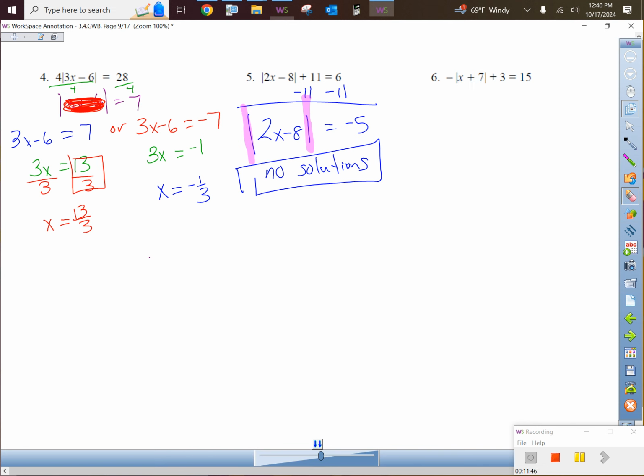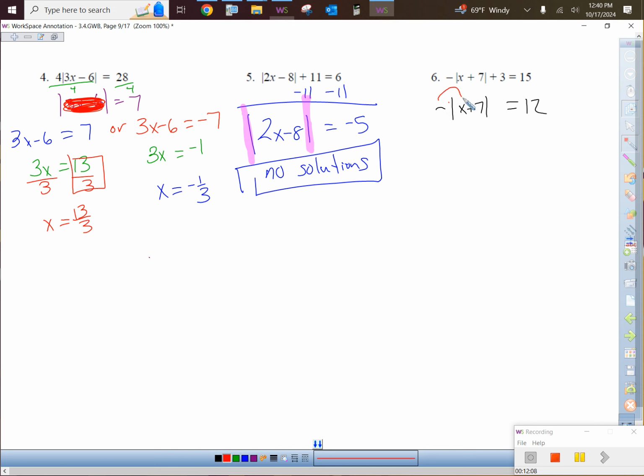So we'll do that. So it's the negative absolute value of X plus 7 equals 12. I cannot do a common sense check yet because the bars are not by themselves. You have to get the bars by themselves before you do common sense. There is a -1 outside of the parentheses, outside of the bars.